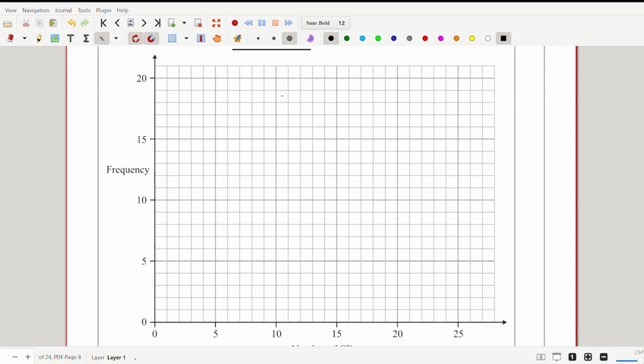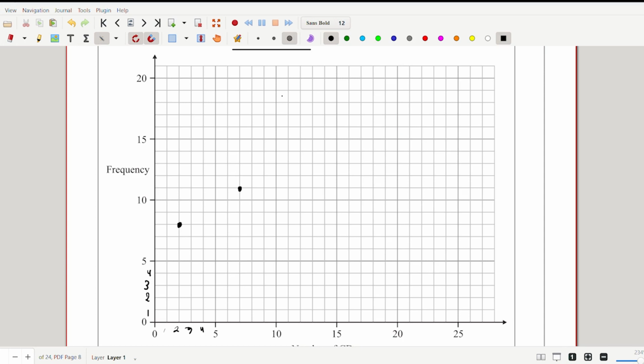The scale here is divided into 5, so 0, 1, 2, 3, 4, 5, 6, 7 and so on. The first point is 2 and 8, so from 2 going up to 8 to reach here. Then we have midpoint 7 and 11, going up to 11.